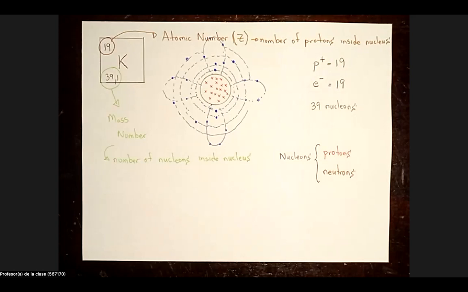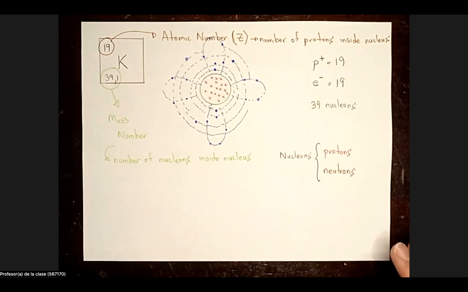Then we can calculate the number of neutrons by applying a formula.